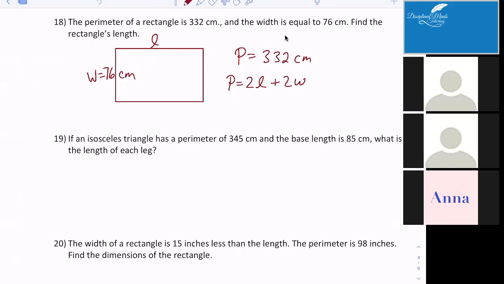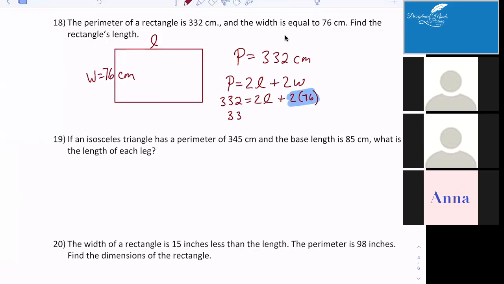Now it tells you that the perimeter is 332, so now we're just substituting in the numbers. 332 is equal to 2L plus 2 times 76. So now I need someone to tell me what's 2 times 76. 152, right?